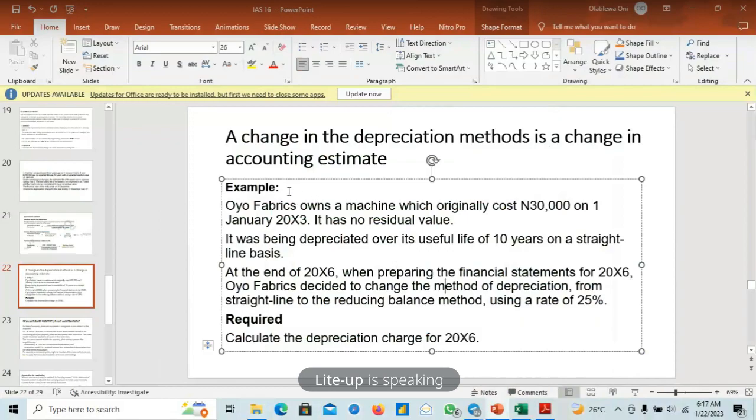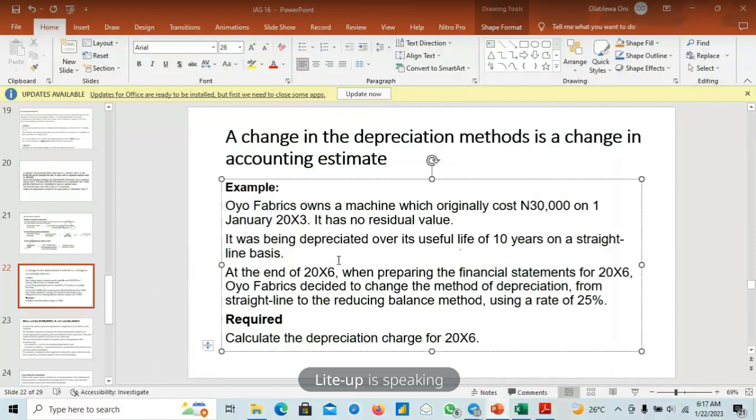Your fabric owns a machine which originally cost 30,000 and it has no residual value. It was being depreciated over a useful life of 10 years on a straight line basis. You can do the depreciation for year 3, 4, 5, that's 3 years.